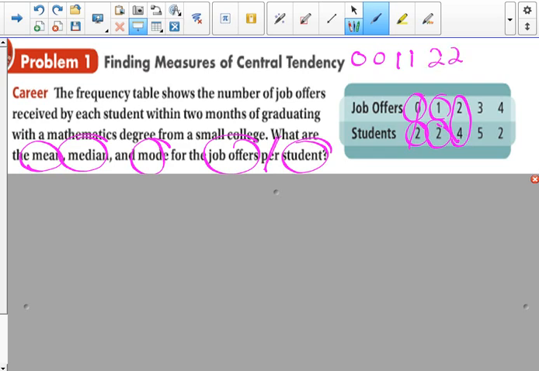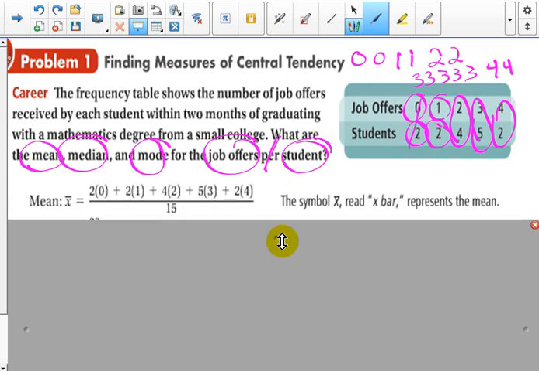And 5 students had 3 job offers. 1, 2, 3, 4, 5. And 2 students had 4 job offers. 1, 2. So there's all of our job offers per student. Now to get the mean of that, we're going to add all these together and divide it by the number of job offers.